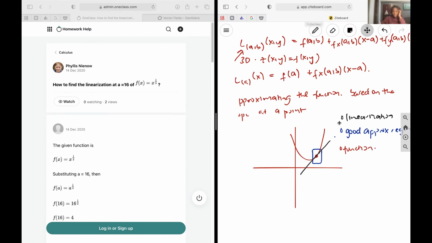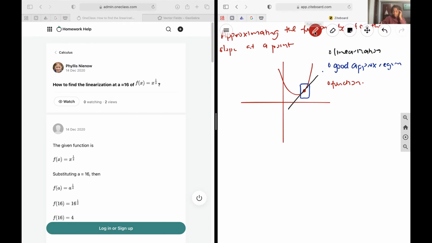And all of this is actually derived from Taylor series that tell us that we can write f of x as a summation of the function to the nth derivative evaluated at a over n factorial multiplied by x minus a.